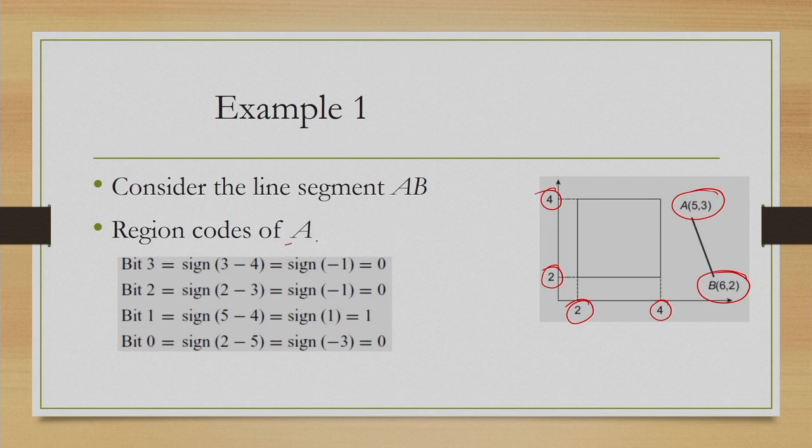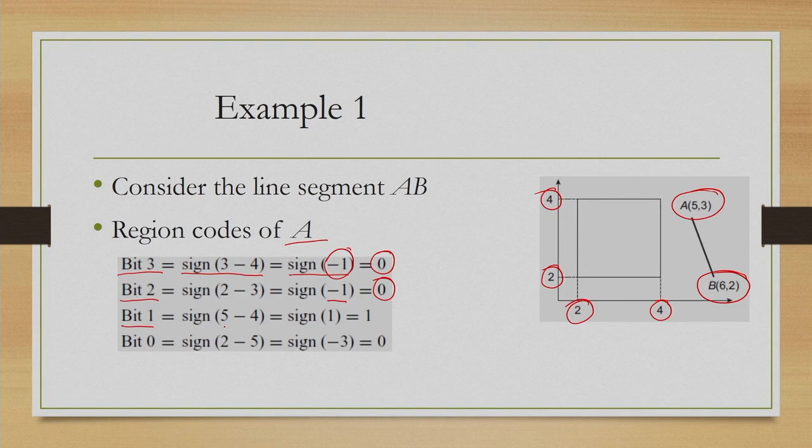For example, for A, let us try to do this. Let us start with bit 3. Here the corresponding expression is sign of 3 minus 4, which is sign of minus 1, since it is a negative quantity. So, bit 3 will be 0. Similarly, bit 2, again a negative quantity, so it will be 0.